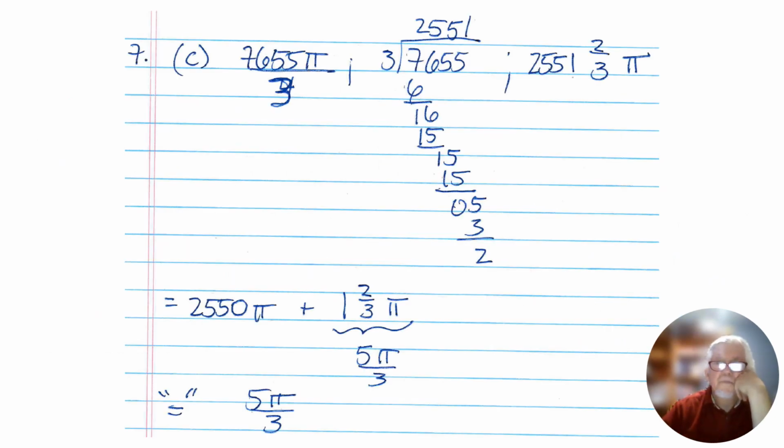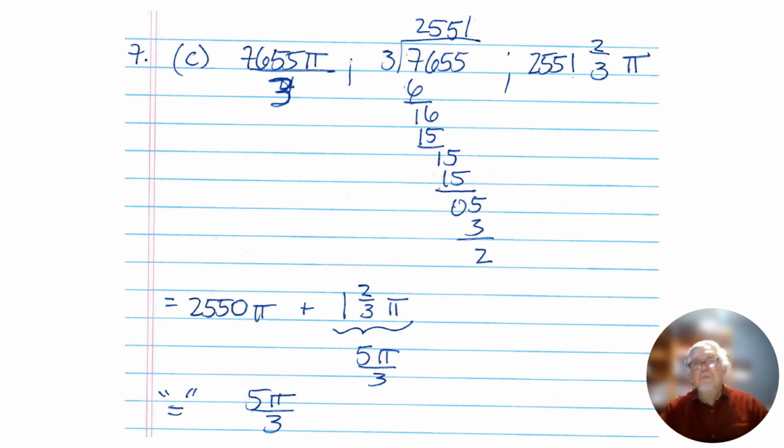And so I picked one here where you really got to see some long division. I don't know exactly why I did this. I'm not showing off, but I did. There it is. It's 2,551 and 2/3 pi's. So I have 2,551 pi's and also 2/3 of a pi. Well, if I want coterminal, I need even multiples of pi.